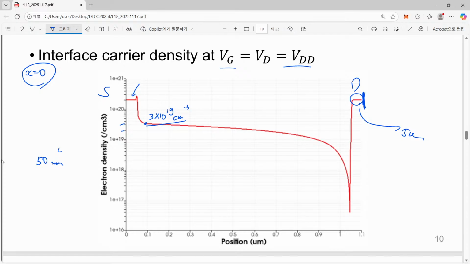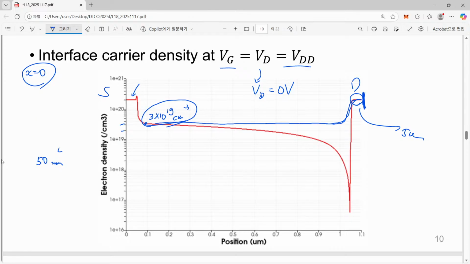In many cases we have even higher value, but in this specific example, our maximum electron density in the channel region is around 3 times 10 to the 19 per cubic centimeter. And if we apply just VD equal to 0 volt, then maybe that would be our electron profile.